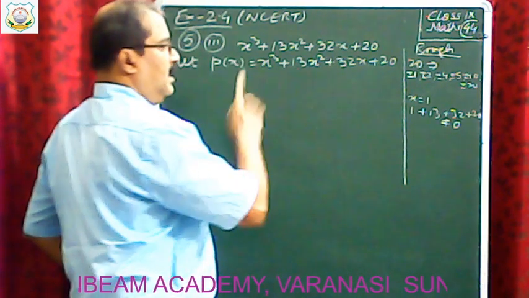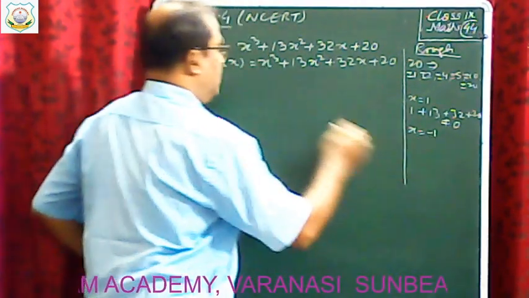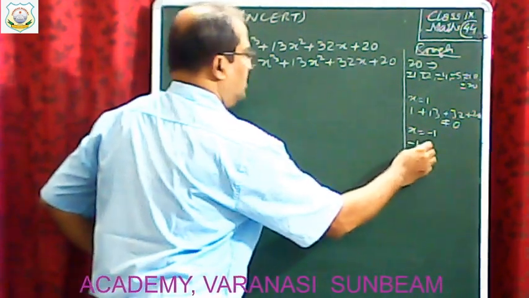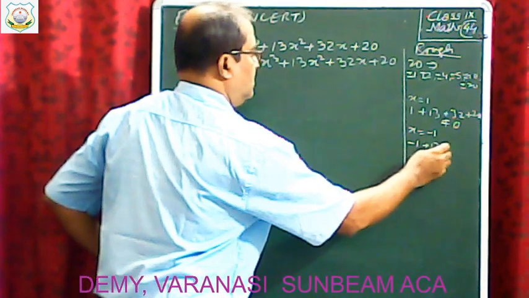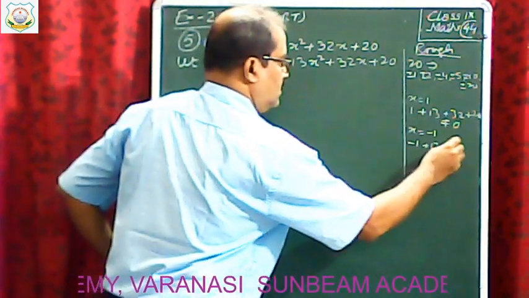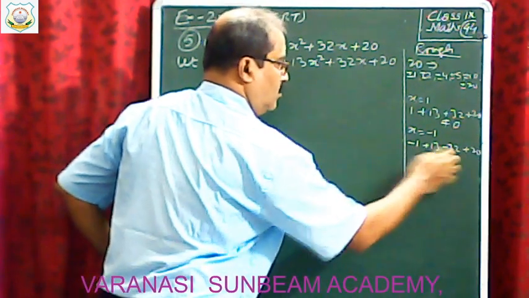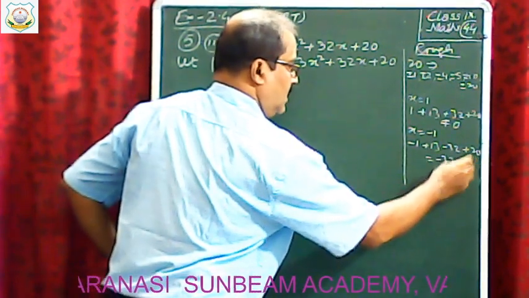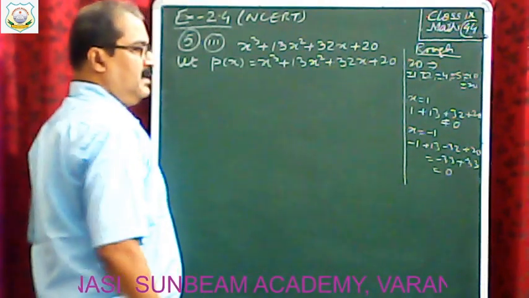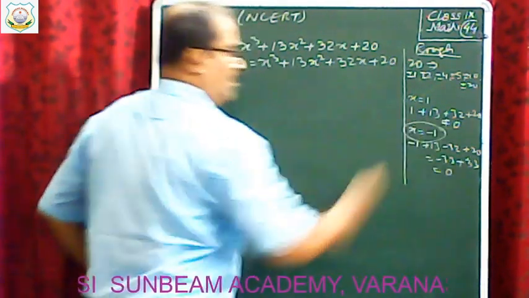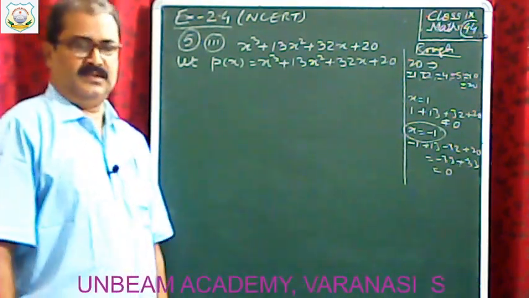Taking x equal to minus 1: minus 1 cube, minus 1 square plus 13, minus 1 into 32, minus 32 plus 20. Roughly you have to check. Minus 33 plus 33, so finally we get 0. Means taking minus 1 in place of x, after calculation we get the value of the polynomial as 0.